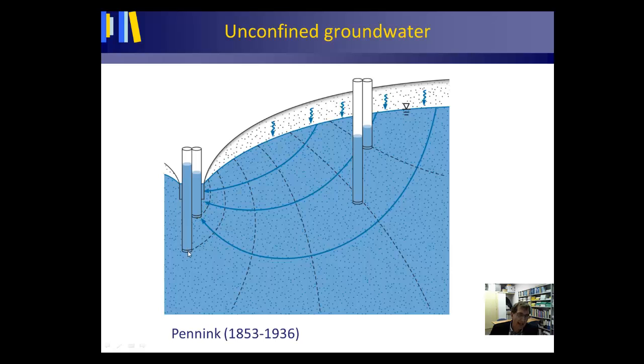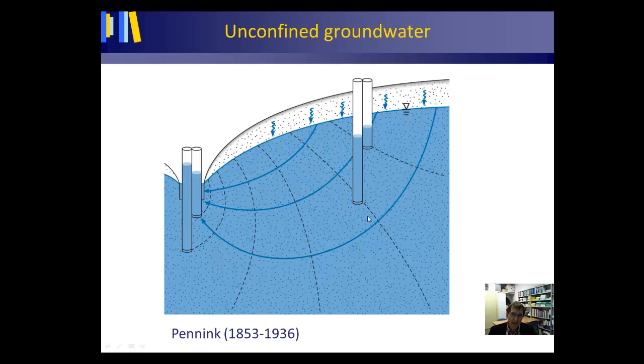So my hydraulic head here, deeper down in the subsurface, is higher than my hydraulic head here, higher up in the subsurface, meaning that water is flowing upward. If we were to install more piezometers, we could establish this figure of streamlines, where water is flowing. Here it's recharging, and here it's discharging into the river.